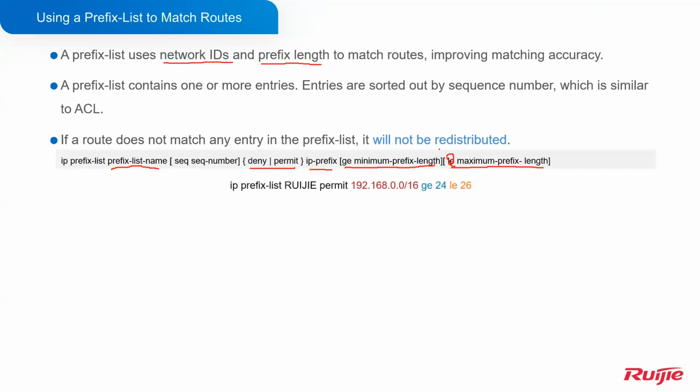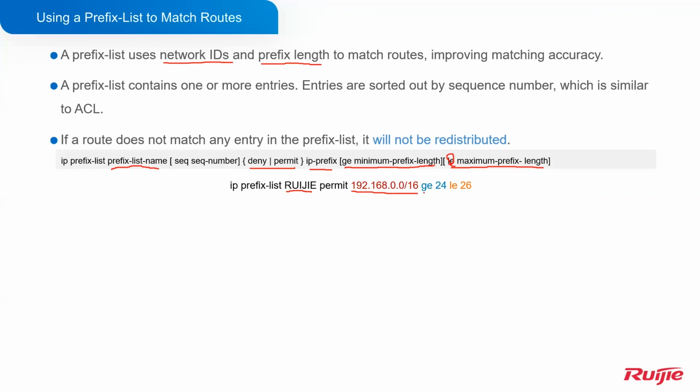And let's try to read this prefix list. IP prefix list Ruijie, so the name is Ruijie. Permit 192.168.0.0/16. This is the prefix. Since /16 means the first 16 bits must be the same, the route we match must start with 192.168. And the following part can be any numbers, right?